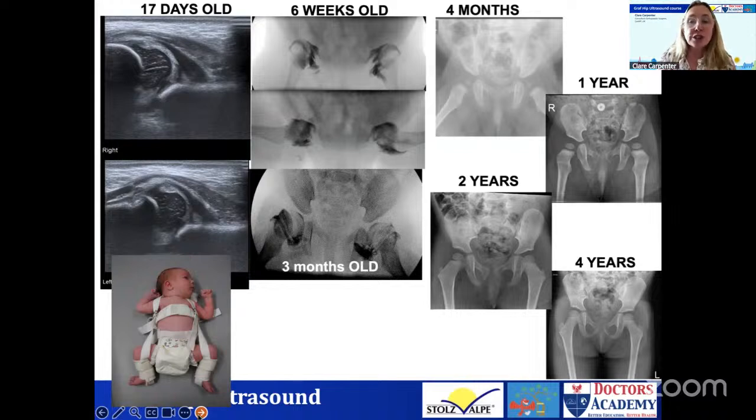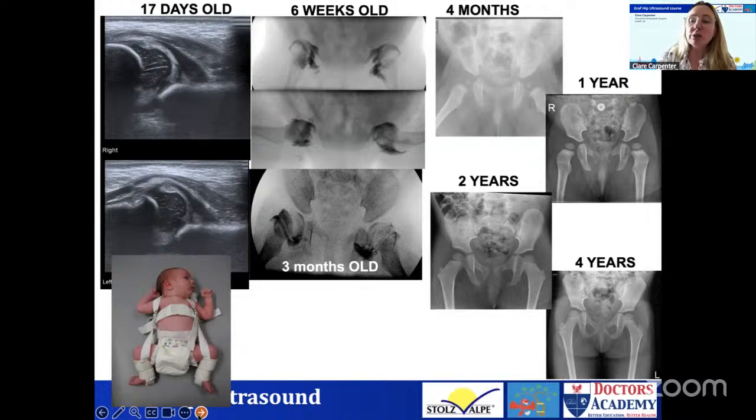Again, it was the retention principles, and then they went on to the maturation phase, and we followed them up. And again, I think you can all agree that at 4 years of age, bilaterally dislocated hips, these hips look normal.